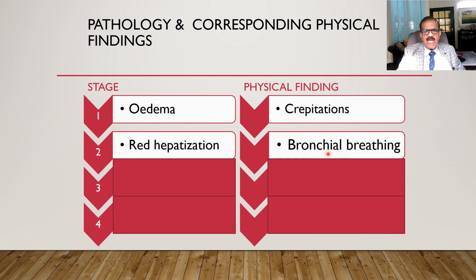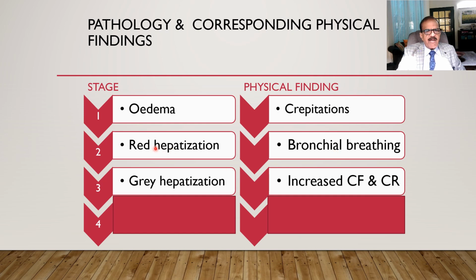Let me briefly explain. If you have breath sounds which are hollow in character and have a very clear loud sound, and there is a gap between inspiration and expiration, that is the kind of breath sound we call bronchial.